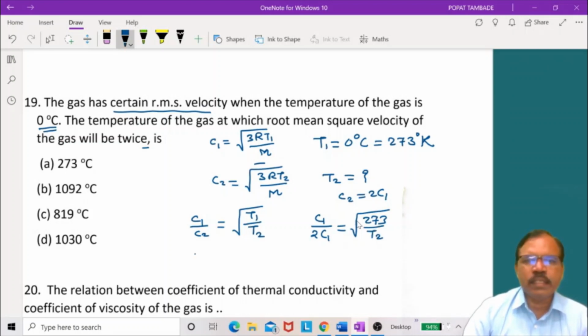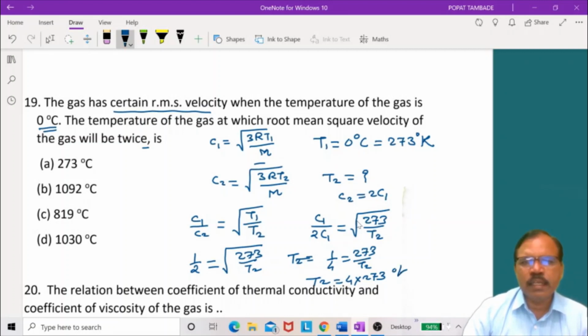So we get here 1/2 is equal to root of 273 by T2. So T2 is equal to, we will get 1/4 is equal to 273 by T2. So what is T2? T2 is 4 into 273 degree Kelvin.